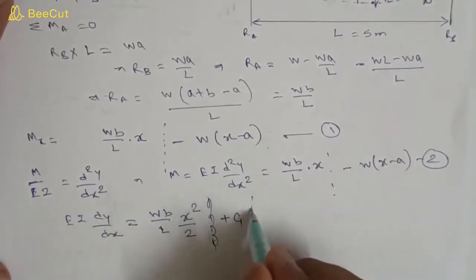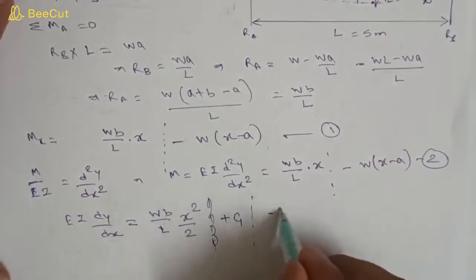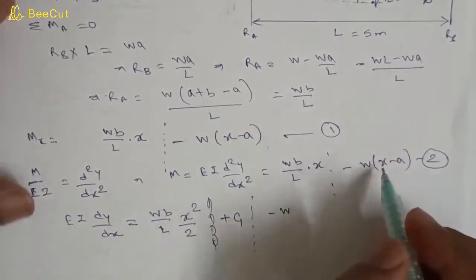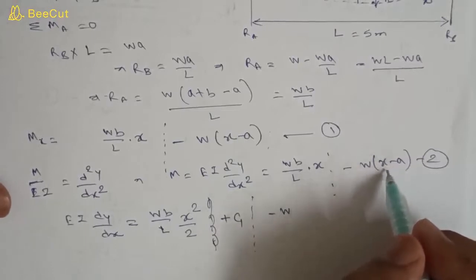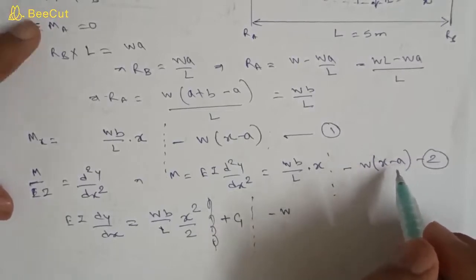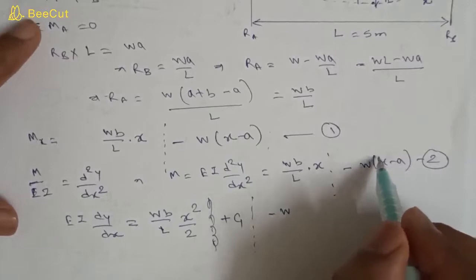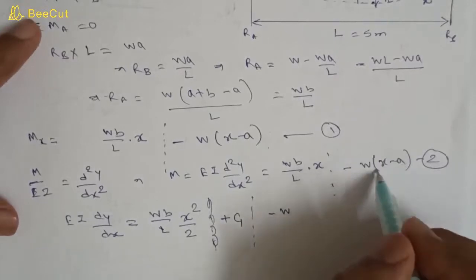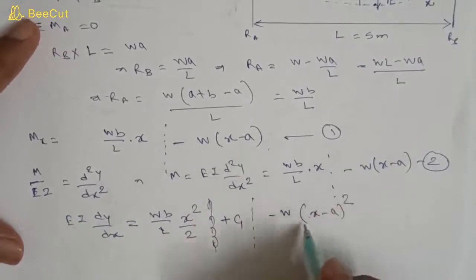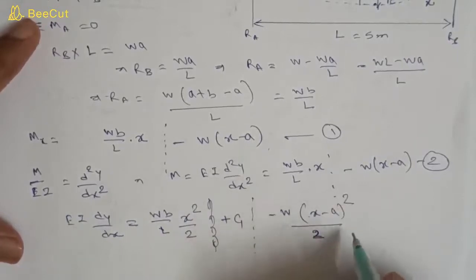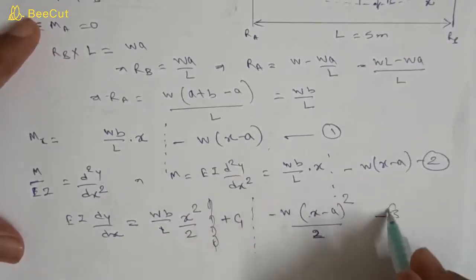So after dotted line, minus W, and here if it was x minus a, then its integration would be x square by 2 minus ax, but in Macaulay's method we have to integrate the whole bracket, so it will become x minus a whole square by 2. Okay, so this is equation number 3.